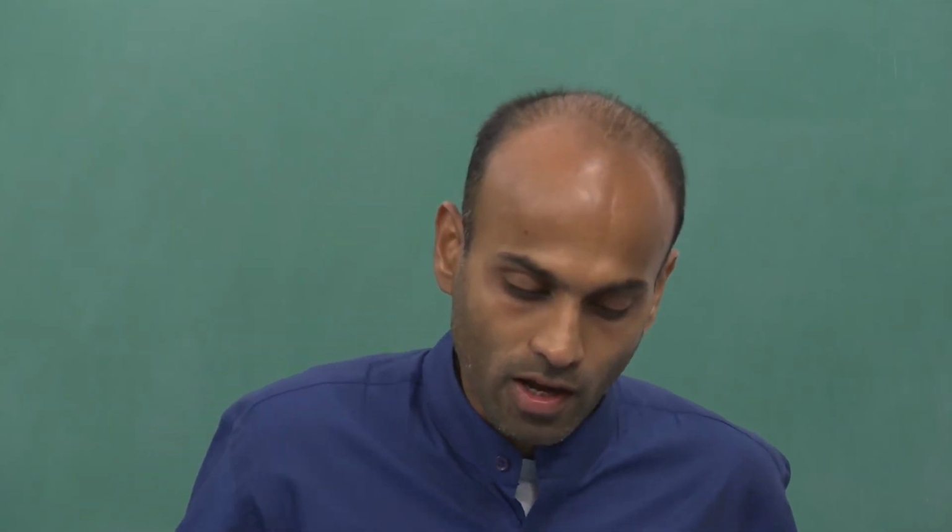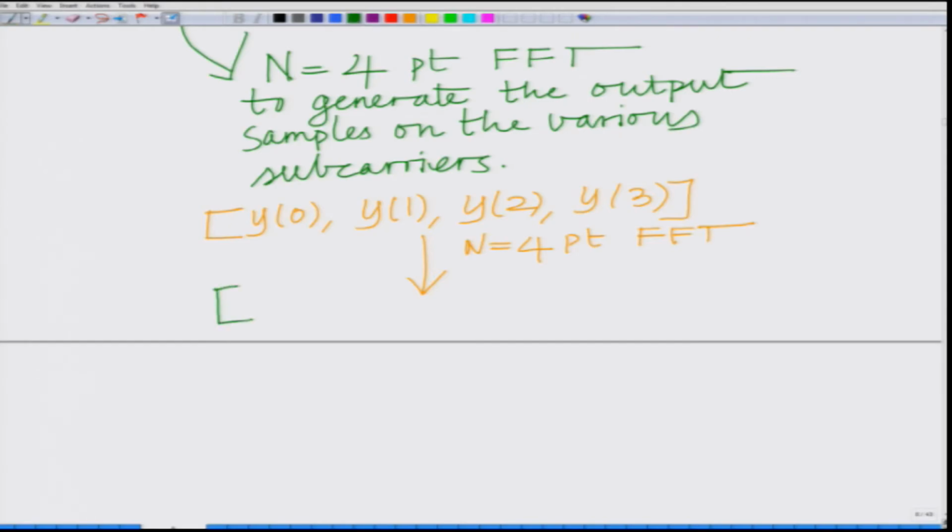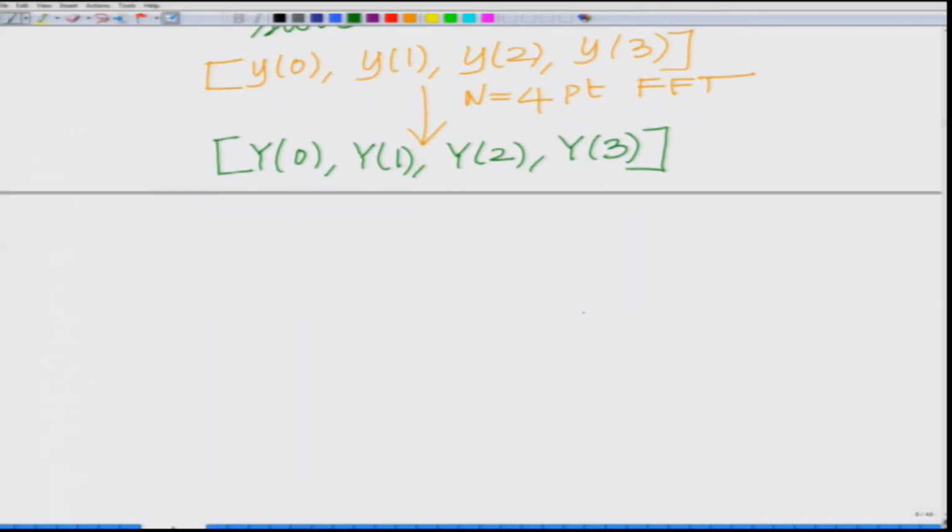So we take the 4-point FFT and generate across the subcarriers capital Y0, capital Y1, capital Y2, capital Y3, which are the output symbols across the subcarriers.